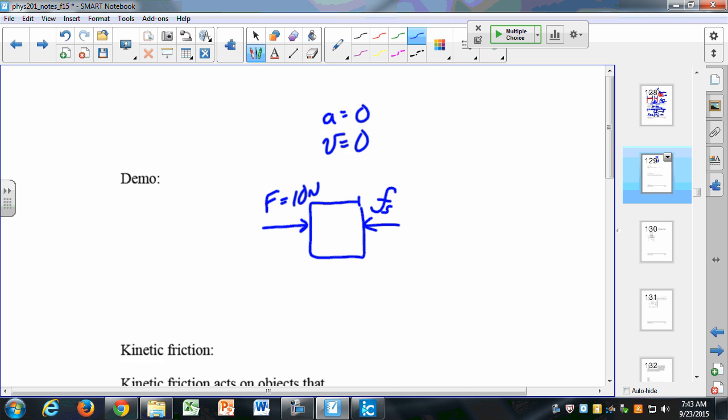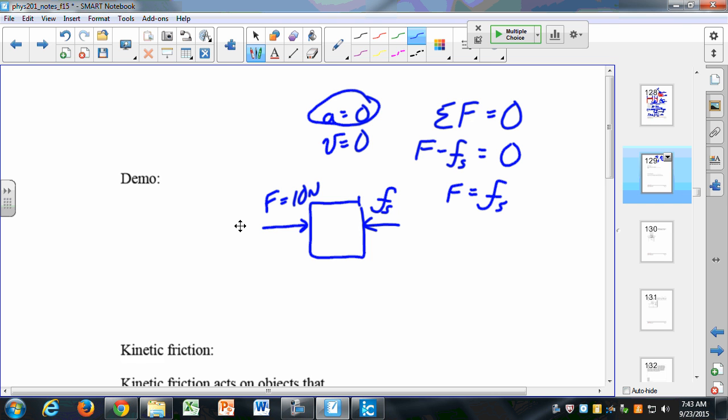Now, if it's not moving, if the acceleration is 0, then I know that the net force has to equal 0. That is to say that F minus Fs equals 0, so F is equal to Fs. So my static frictional force here is equal to 10 newtons. It's not moving, it's in equilibrium of forces, so the static frictional force is 10 newtons.